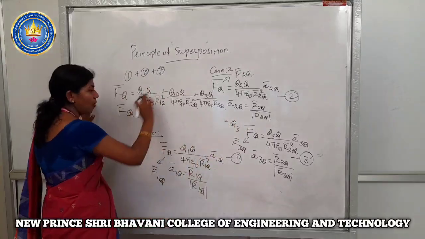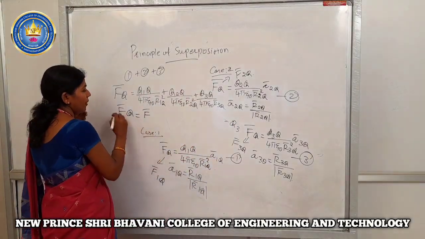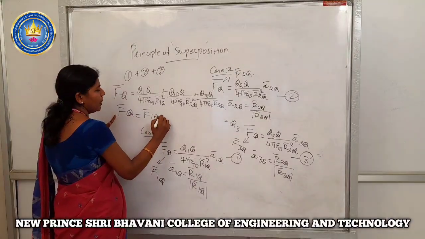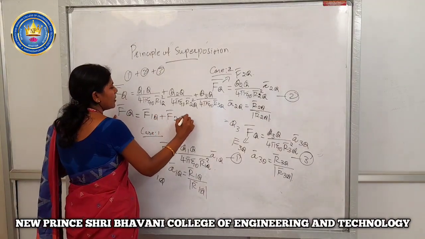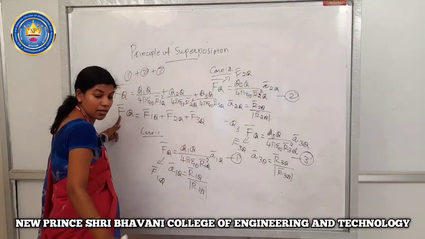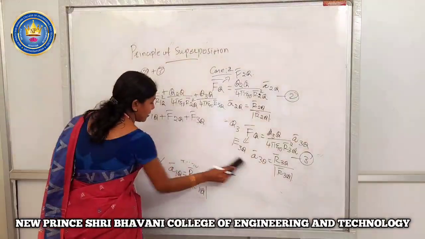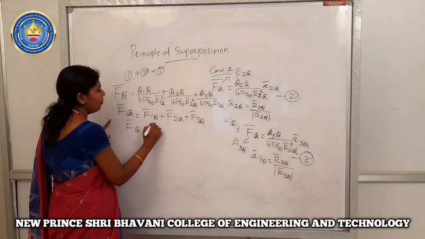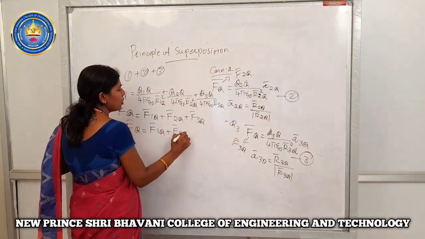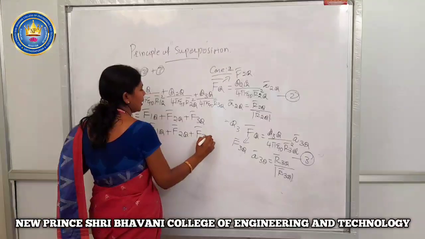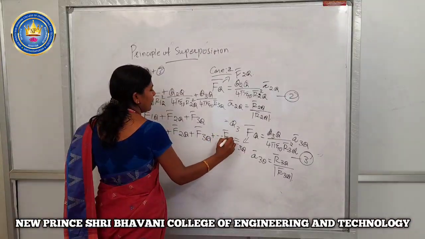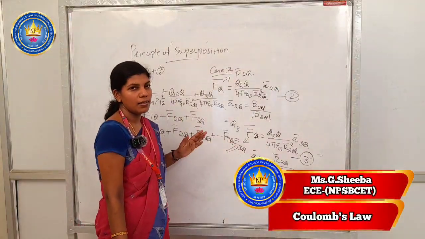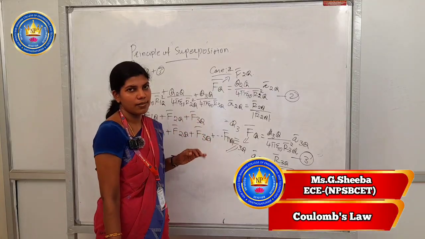By adding all three equations, we get the total force on Q: F bar Q is equal to F bar 1Q plus F bar 2Q plus F bar 3Q. Suppose we have n number of charges, then the equation becomes F bar Q is equal to F bar 1Q plus F bar 2Q plus F bar 3Q plus up to F bar nQ. This is the total force on each charge due to the other charges. Okay, thank you all.